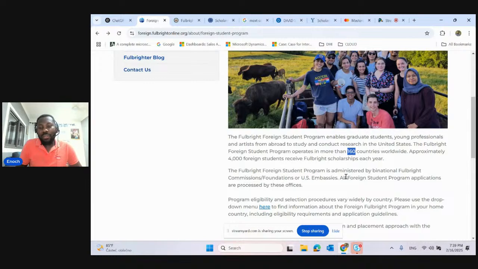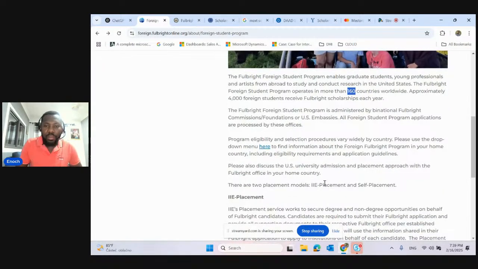They have different categories of the scholarship, some for professional development and some for academic purposes or for further studies. And so let's look at the program eligibility criteria.